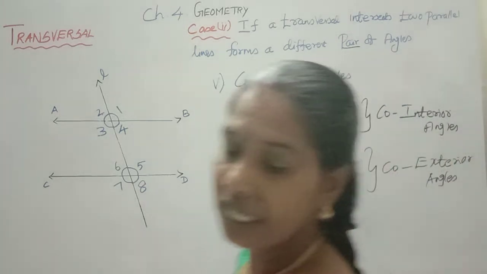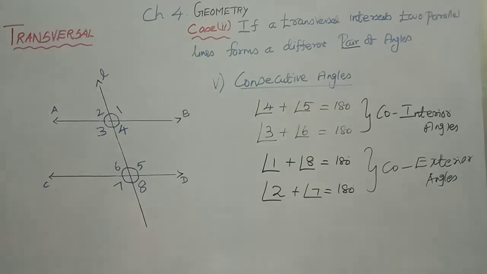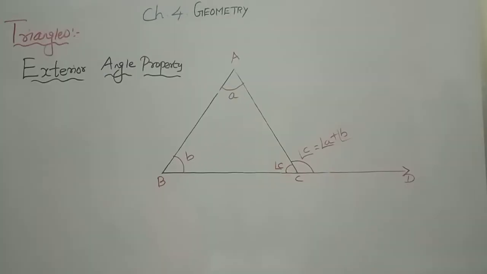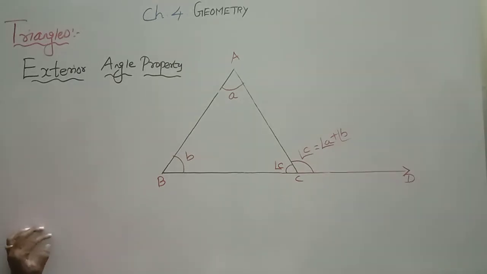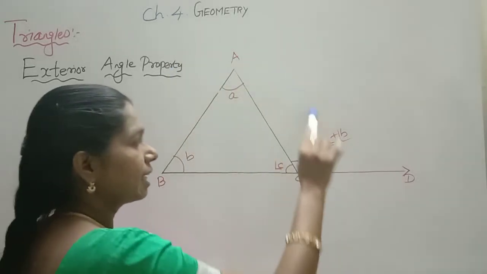Next we are going to see a triangle property. Next we are going to discuss triangles. In triangles, first we are going to discuss the exterior angle property. Now look at this triangle.